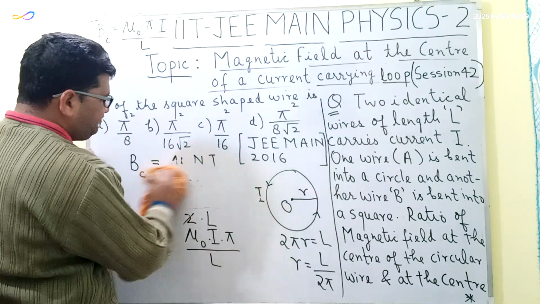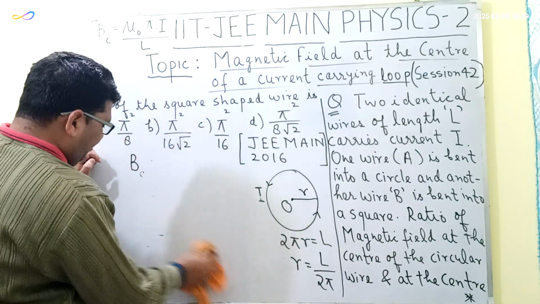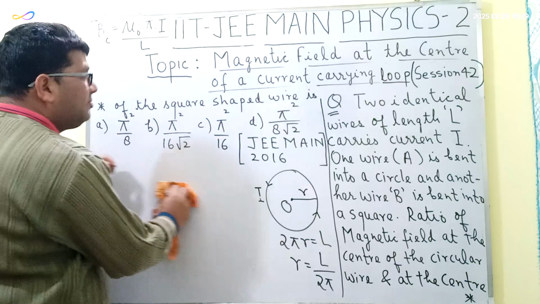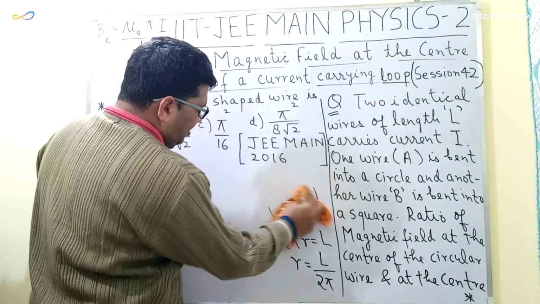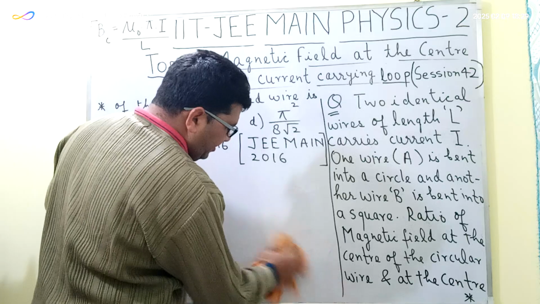Now let us come to the second case in which another identical wire of same length L was bent in the form of a square.